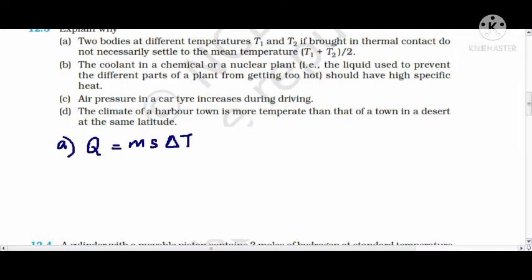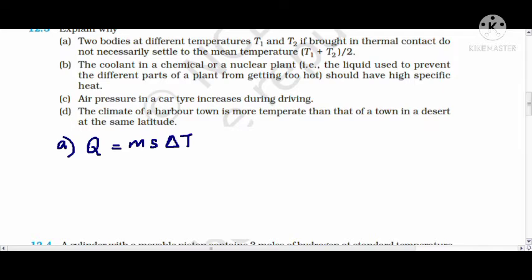But if the mass of the bodies are different or the specific heat of the bodies are different, then it is not possible to get the temperature (T1 + T2)/2. If the specific heat is high for a body, then for that body the change in temperature will be less.